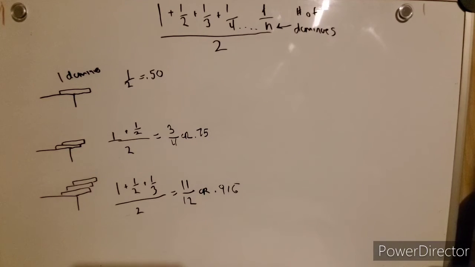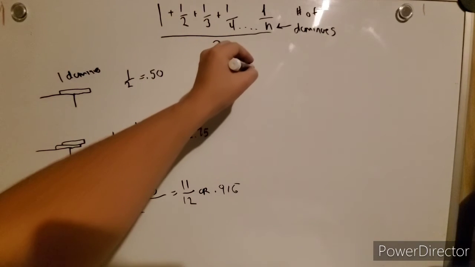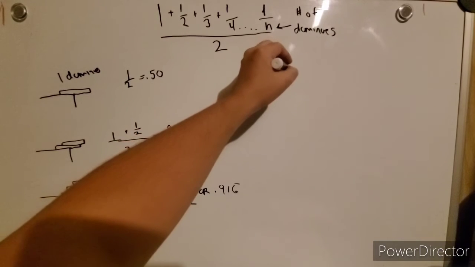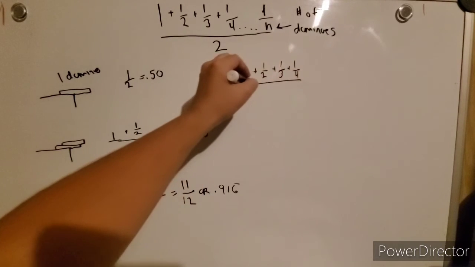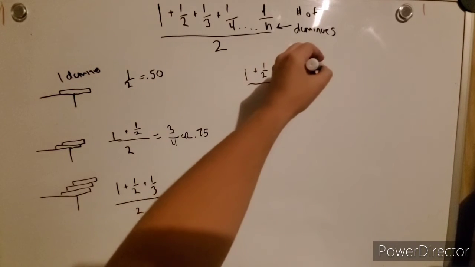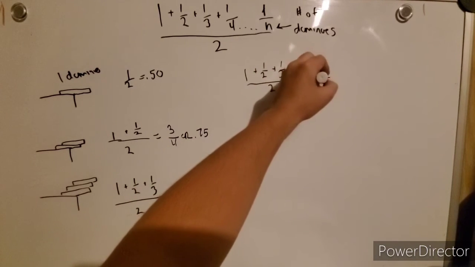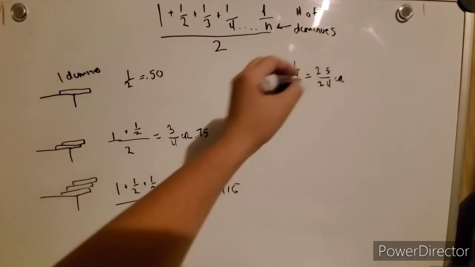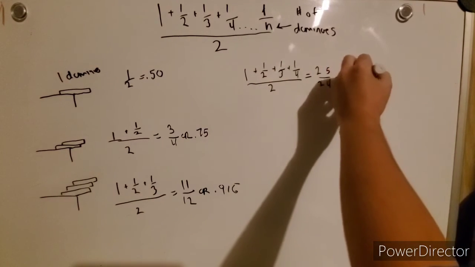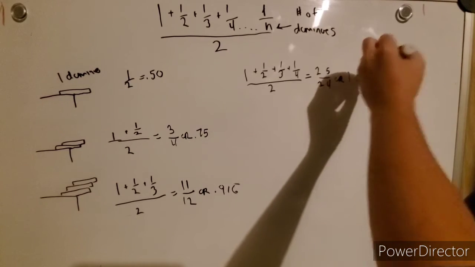So repeating the process again for the first domino, it would be as this. Since this first domino would be 1 over 4 divided by 2, and we would get 25 over 24, or in decimal form it would be 1.0416 repeating.